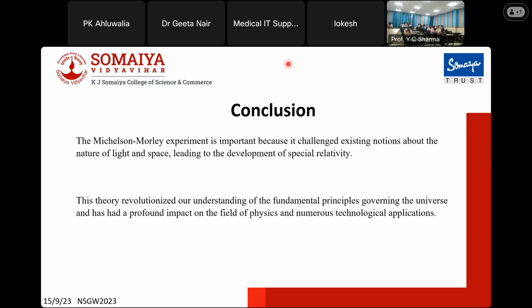Hence, even though it was an experiment which didn't give us the expected results and was considered a failed experiment, it is now considered the most famous failed experiment because it has led to new dimensions in our understanding of physics, particularly space and time.